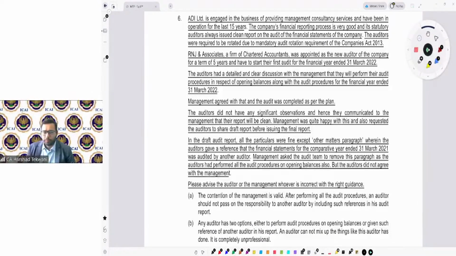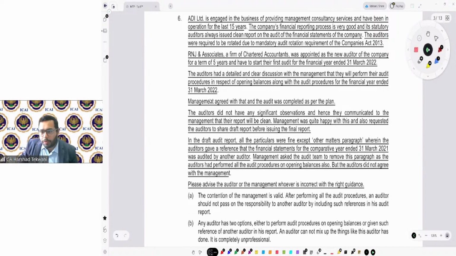Okay, good, Sumit. I'll give you three options with respect to the standard where it is specified. Option number one, SA 510. Second, SA 705.